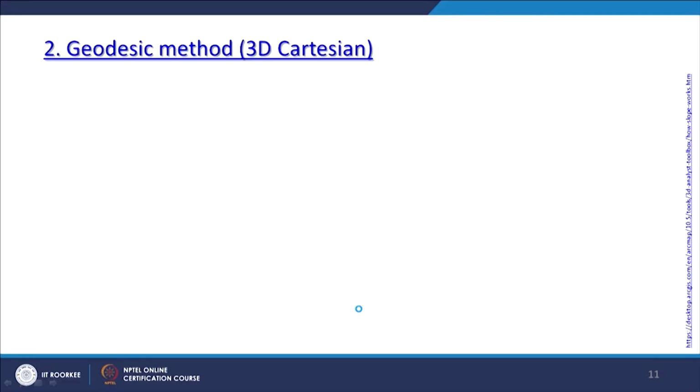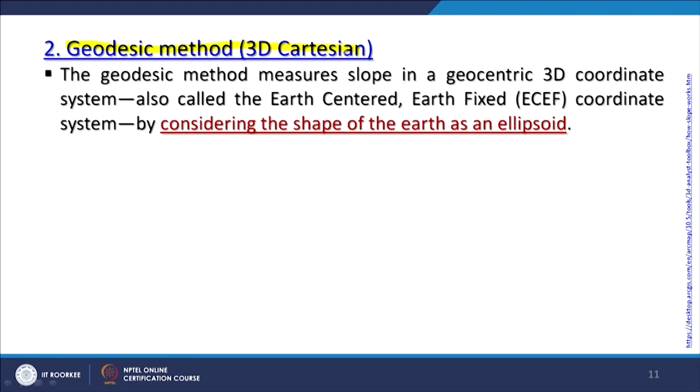Now, when we go for the second option, that is the geodesic method, instead of a 2D Cartesian, a 3D Cartesian system, this geodetic method, as you know, measures the slope in a geocentric 3D coordinate system. Things may become a little complicated in that sense, because now we are bringing in an ellipsoid in the earth-centered, earth-fixed ECEF coordinate system.